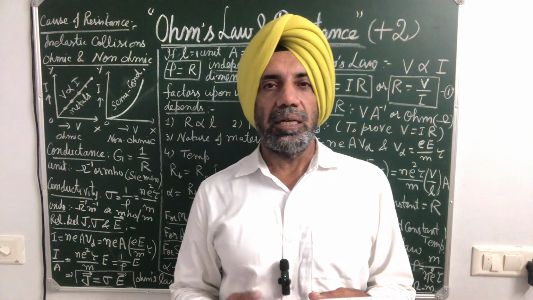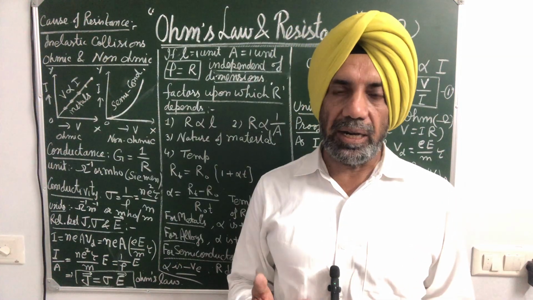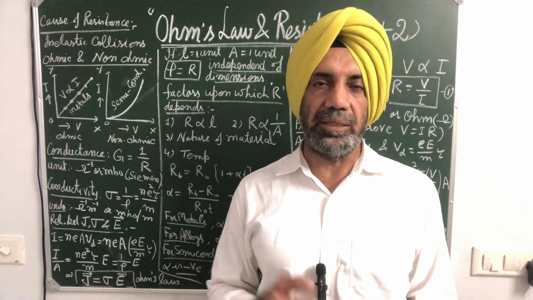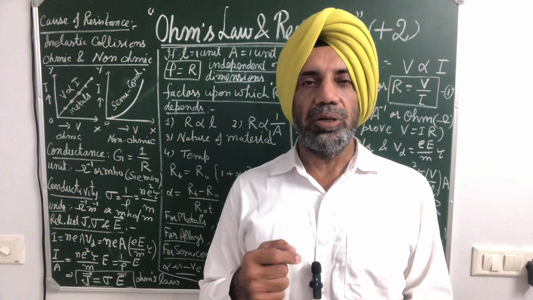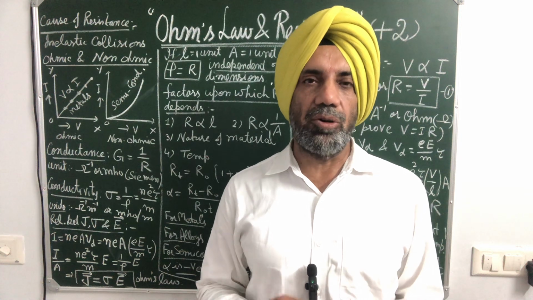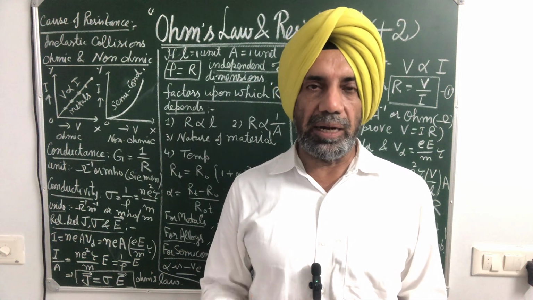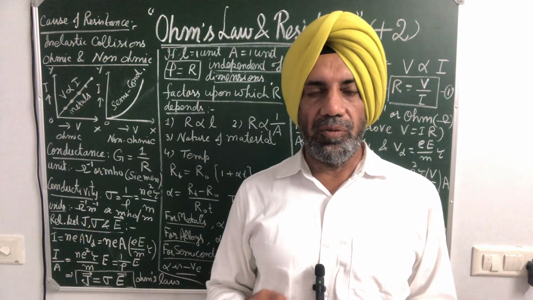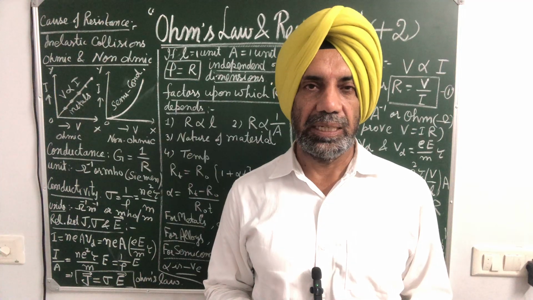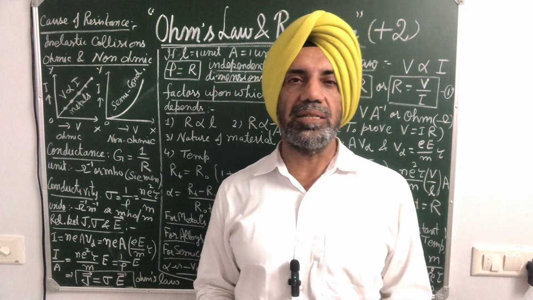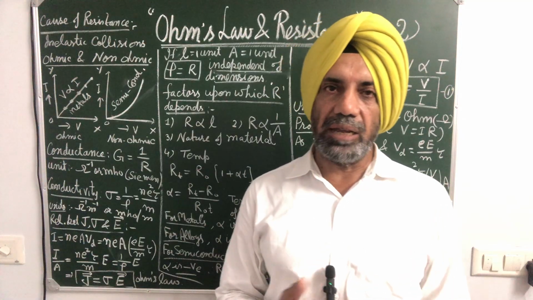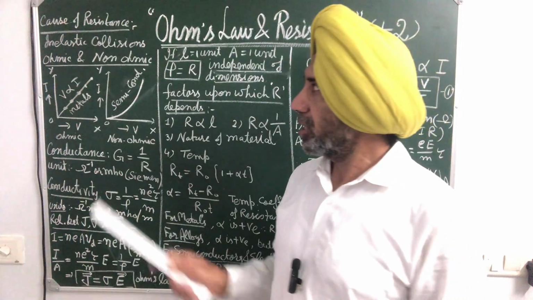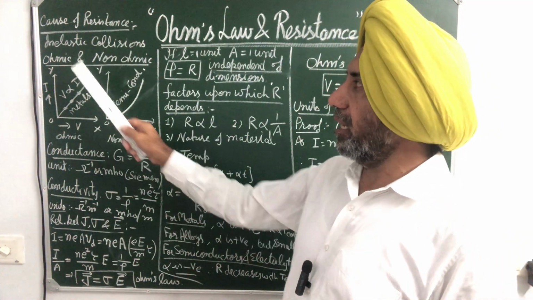In other words, free electrons of the conductor collide with the atoms or molecules of the conductor inelastically. So, inelastic collisions of the free electrons with the atoms or molecules of the conductor are the cause of resistance. That's why the conductor offers opposition to the flow of current, and that loss in kinetic energy appears in the form of heat. That's why the wire gets heated when current is passed through it. So this is the cause of resistance.